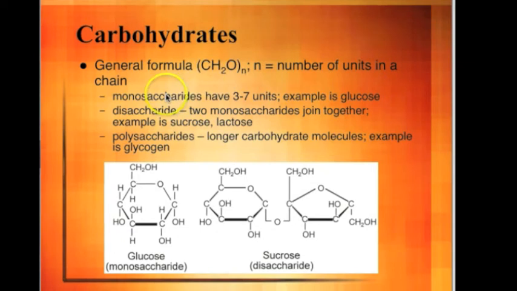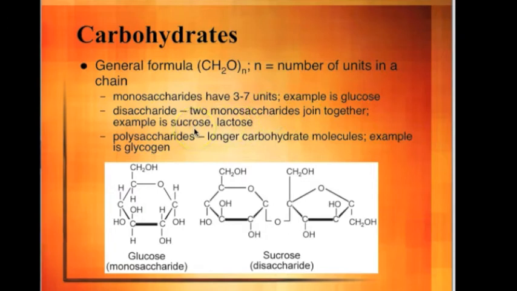Monosaccharides are carbohydrates that have 3 to 7 units. These are very simple carbohydrates. An example of this is glucose or sugar. Disaccharides are 2 of these monosaccharides joined together, and examples of those are sucrose and lactose. Polysaccharides are much longer chains of carbohydrates, and an example of this is glycogen.